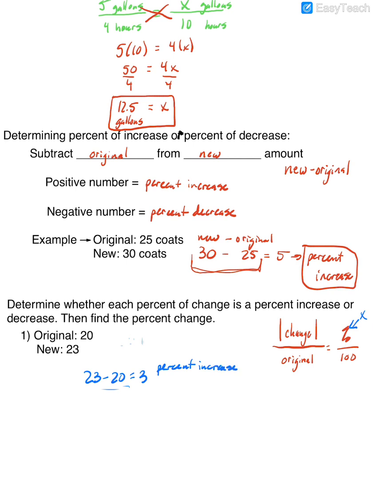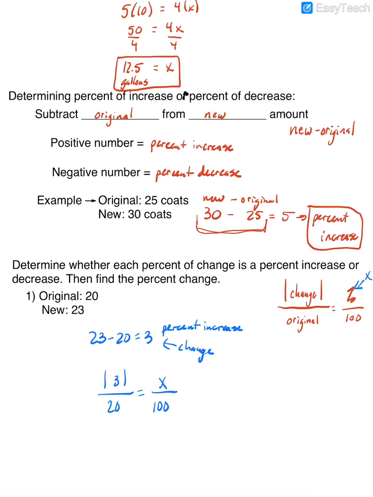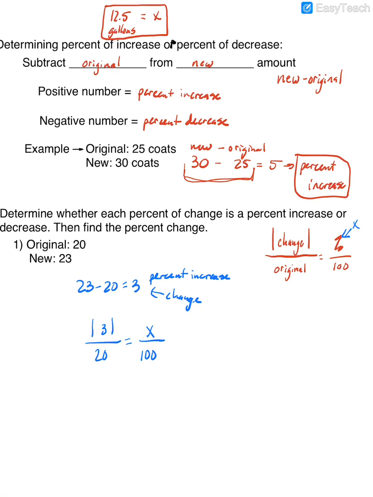Okay, so then I'm going to take that 3 and put it into my formula, because that's the change, divided by the original, and then that equals the percent over 100. I don't know the percent, so it's x. So now I want to take the absolute value of 3, which is 3. Remember, that's always positive.